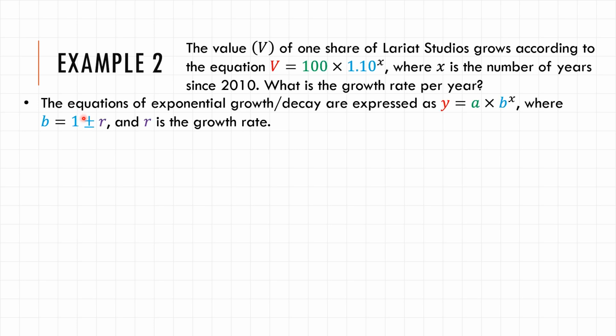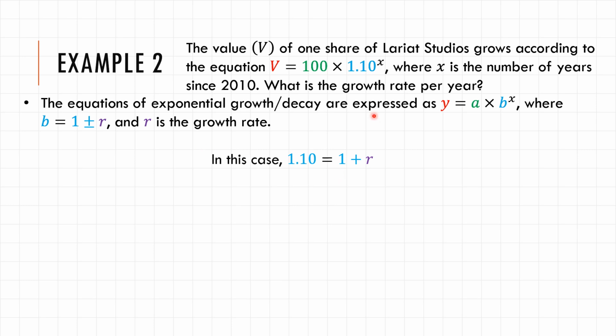And of course, R is what I'm looking for. I'm looking for what is that actual rate. And here I know that the value of B is 1.10. So the value of B is 1 plus R. I know it's going to be plus, not minus, because this is a growth rate.